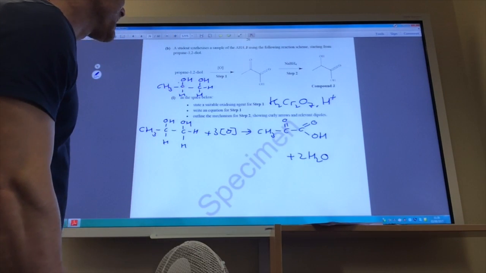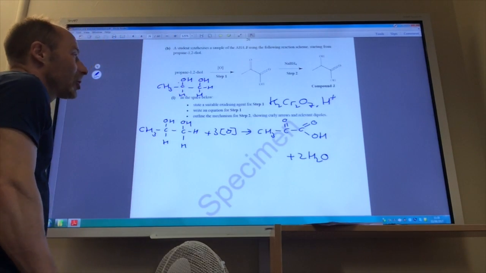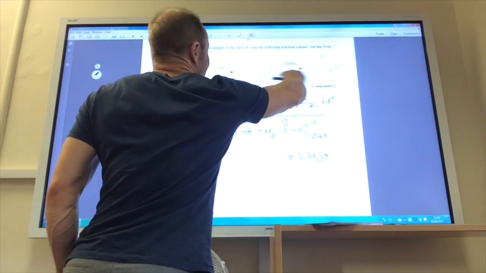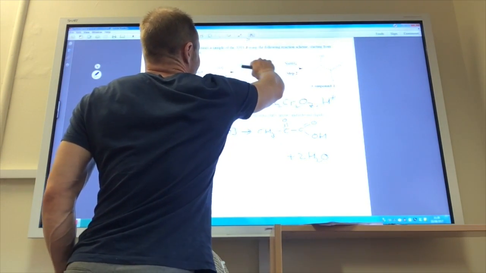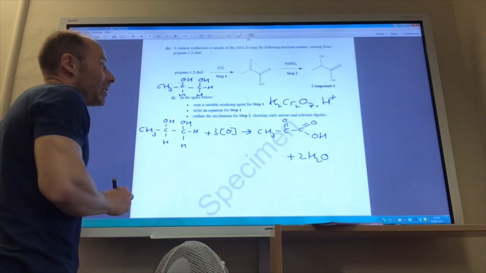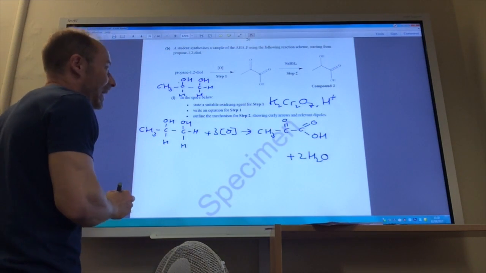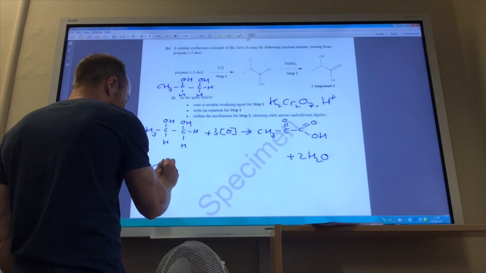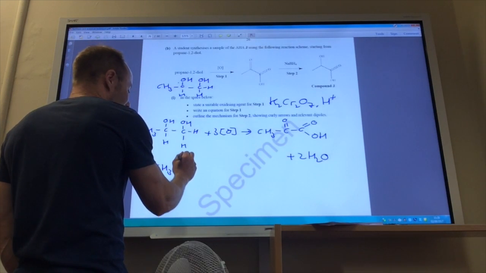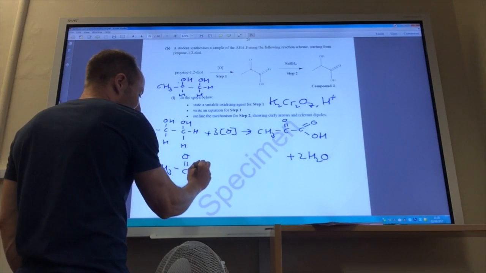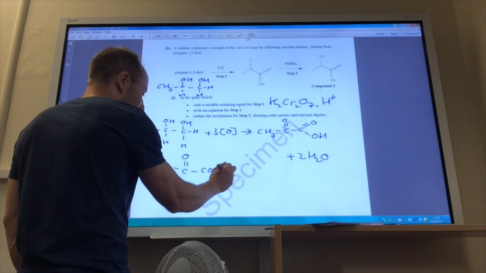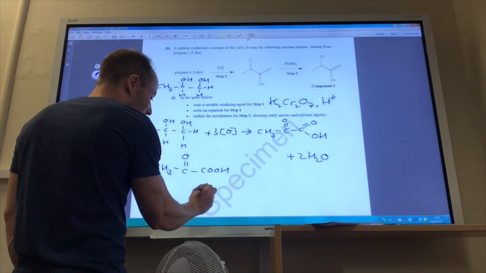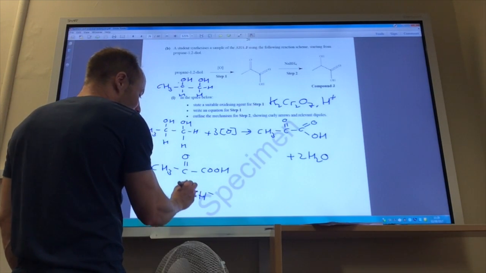Outline the mechanism for step 2. So the acid remains the same, but your carbonyl group here gets reduced to my secondary alcohol there. So let's draw this out. CH3, C double bond O. I'm just going to draw my acid group like that. Your nucleophile is H minus.